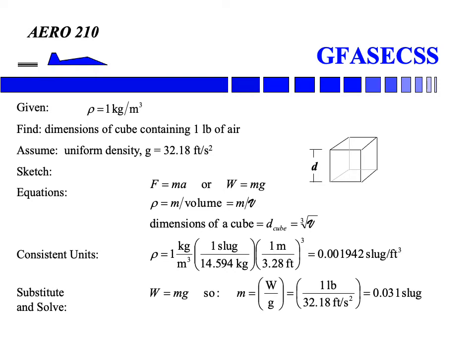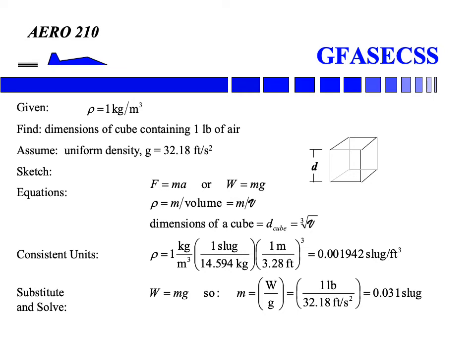And also we must assume that the acceleration of gravity is equal to some standard value. We draw a sketch, the S in GAFASICS, and in that sketch we show the cube, we show a dimension of the cube, we give it the symbol D, and we know that since it's a cube, the dimensions are the same in all three directions. And we write down the equations that we'll need to use to solve this problem.